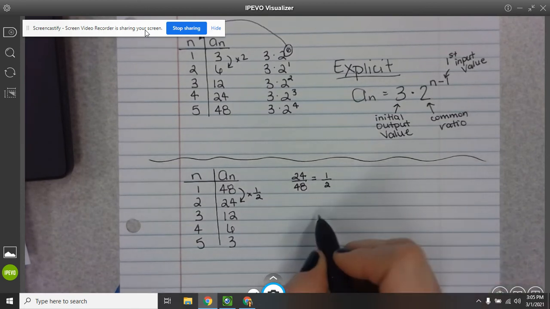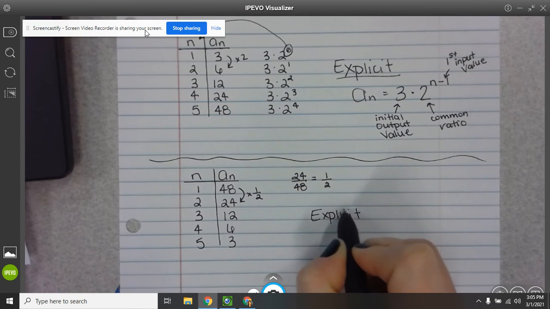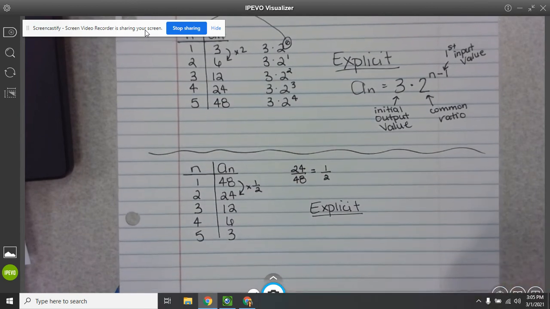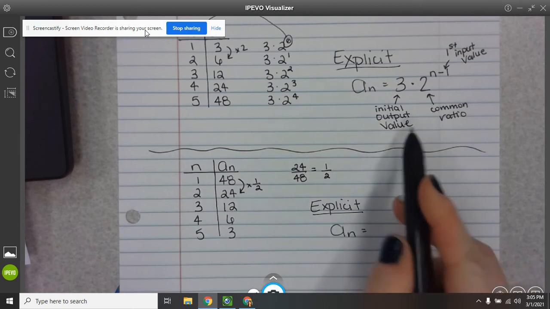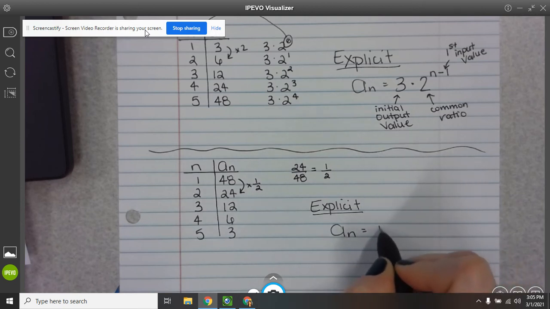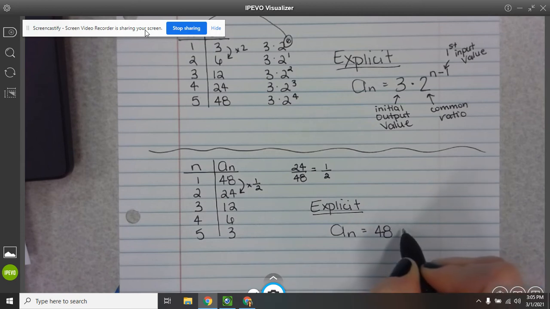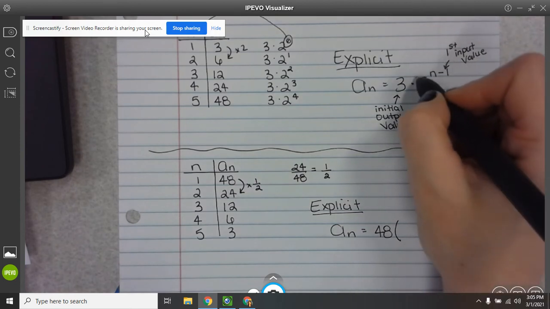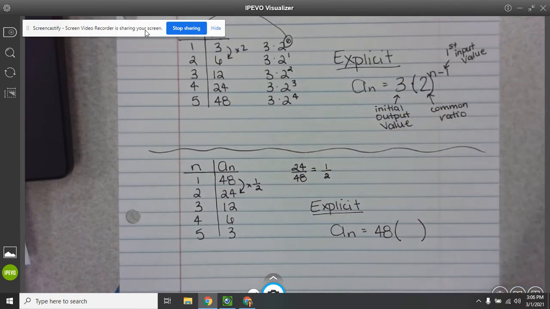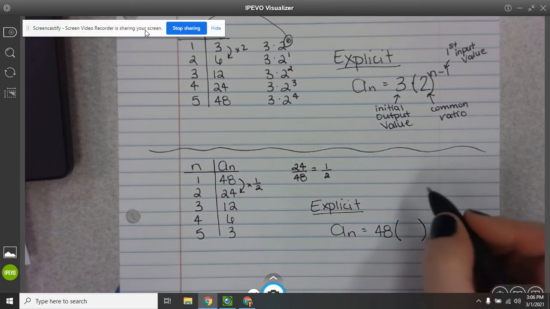So I'm going to build my explicit formula. So I have my initial output value, which is 48. Now, since this is a fraction, I tend to use parentheses. And honestly, you could use parentheses up here around your common ratio.